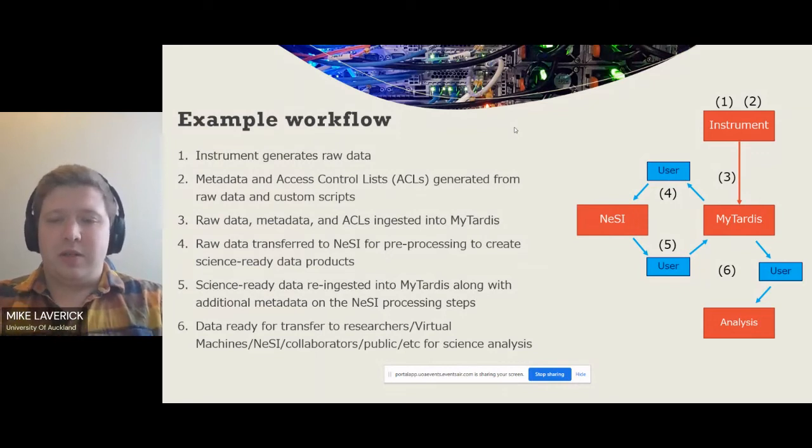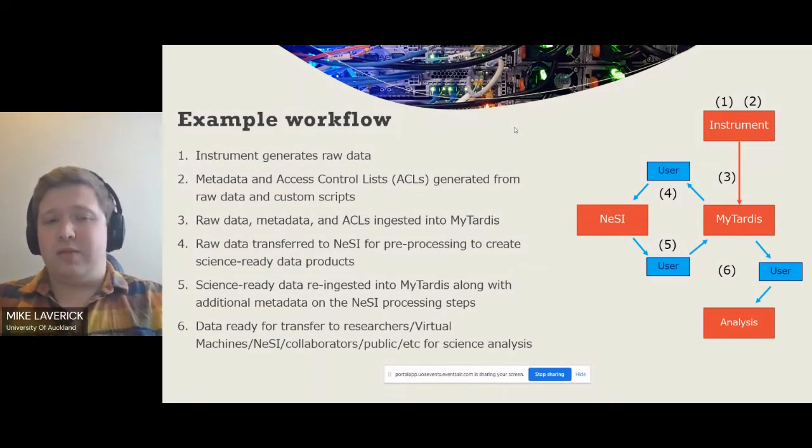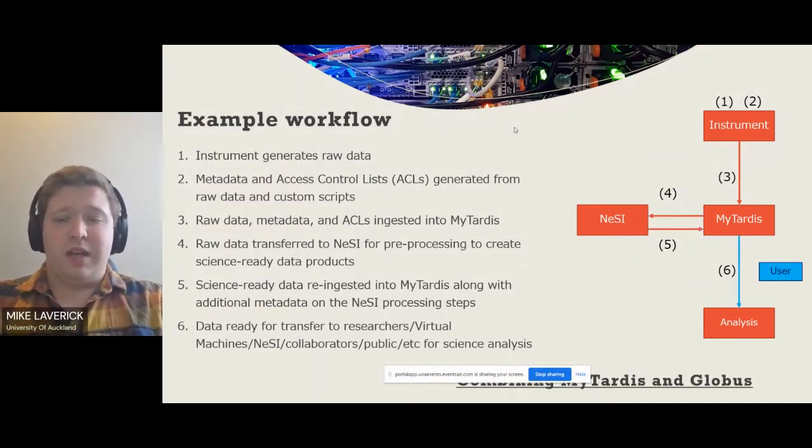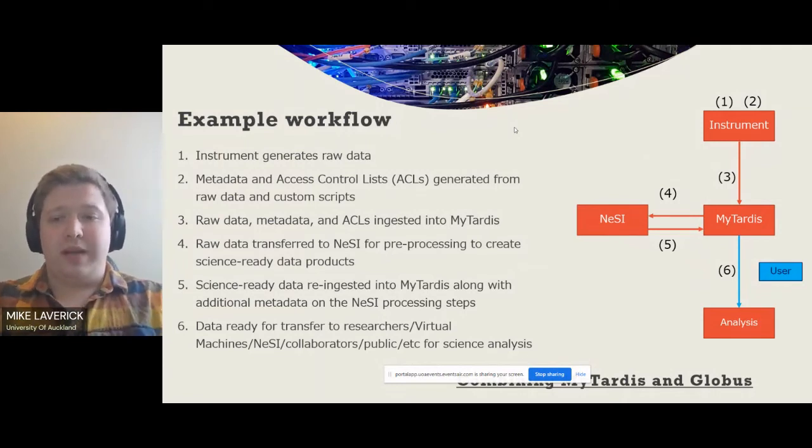Now, you can notice the user's got to do a lot of steps here. And as it currently is, the user's actually got to do the intermediate transfer from MyTardis to themselves, then to NZRSE. And if you're transferring terabytes of data, this takes time. So what we want to do by integrating MyTardis and Globus together is simplify some of these connections so that we can have an instrument generate data, generate metadata, automatically have the data sent to MyTardis, the centralized storage, automatically sent to NZRSE, activate some processing scripts, bring the data back along with all of that metadata, and store it all back in MyTardis.